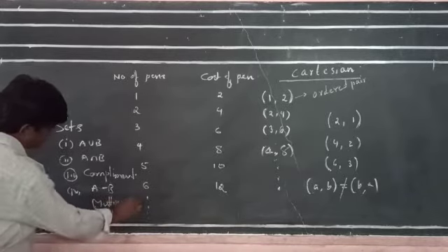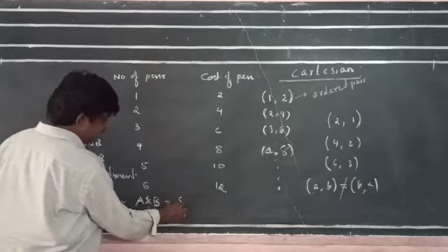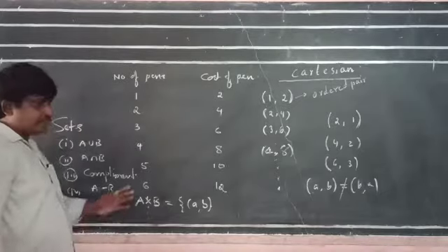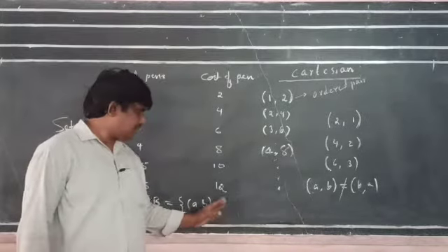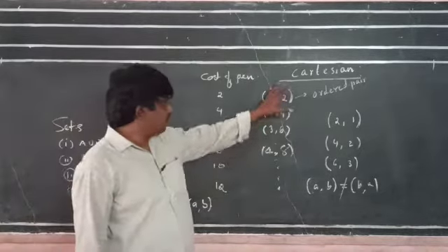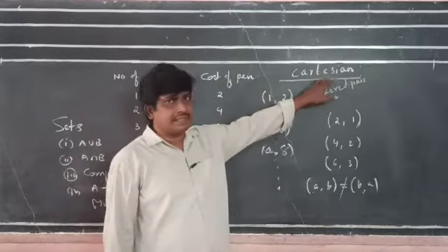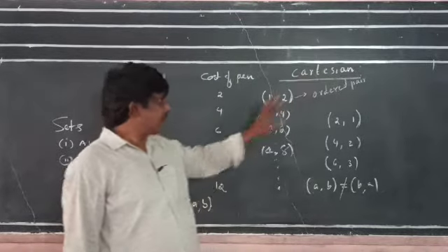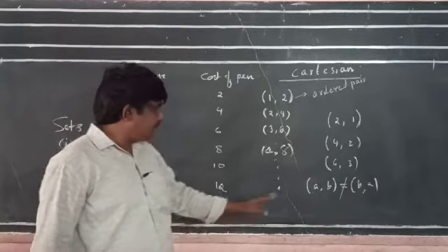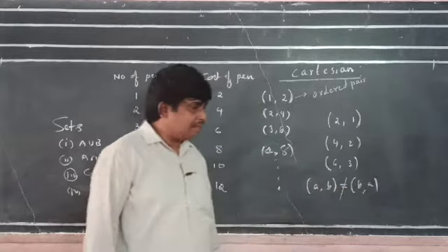In multiplication, we write A cross B. A cross B is nothing but a set consisting of ordered pairs like this: ordered pair 1 comma 1, 1 comma 2, 1 comma 3. This was developed by Cartesian, a scientist. That means the ordered pair A comma B is not equal to the ordered pair B comma A.